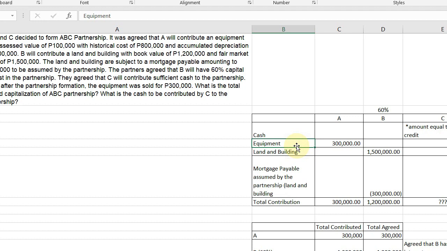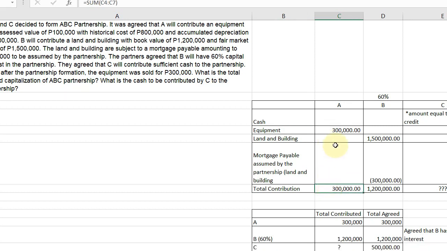Kasi diba, fair value is described as the amount or the value willingly given or received by both parties in the transaction. So, kung naipagbenta ng 300,000, tama ba yung definition of fair value? Okay. Kung pagbenta siya ng 300,000, ibig sabihin the fair value is at 300,000. Okay? Wala na iba siyang kinontribute, kundi yun, kaya 300,000.